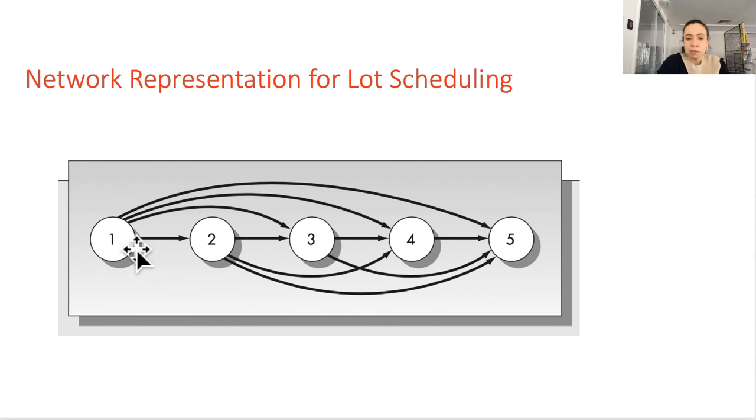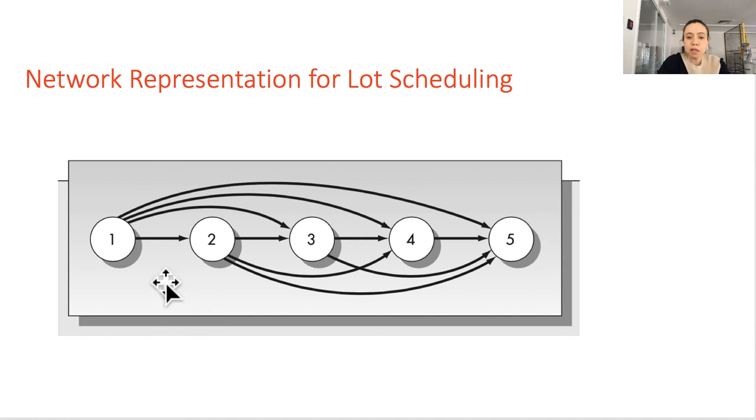If we go from 1 to 3, it means that we make a production plan in the first period for 2 periods, for 1 and 2, and then come to the third period, and in the third period we make a production plan for periods 3 and 4, and we go to the end. So now our aim is to find the path with the least cost.